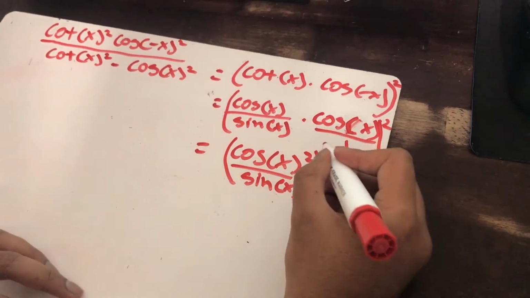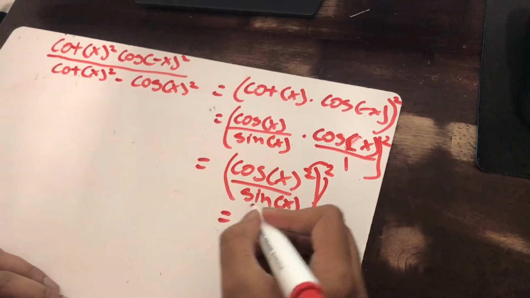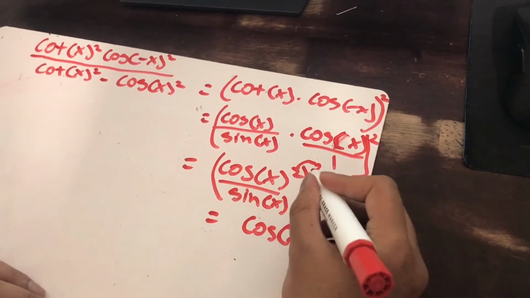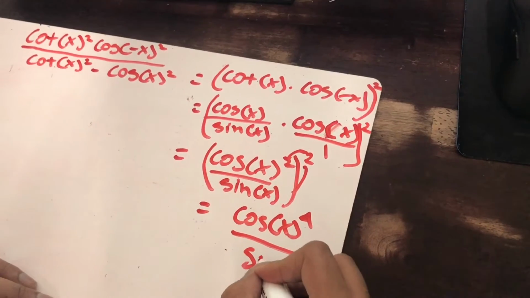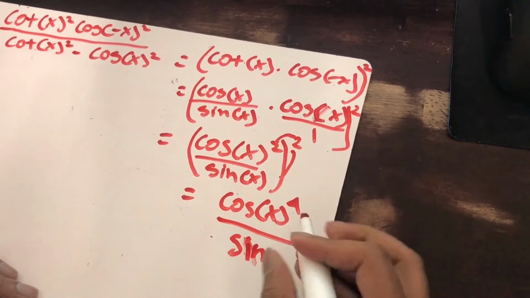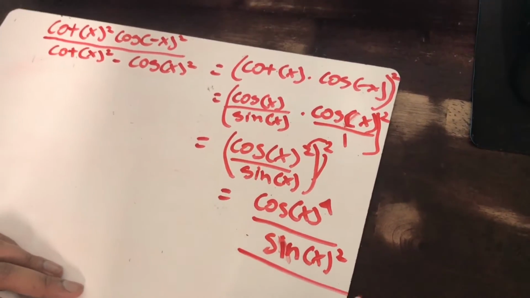So when you bring in this 2 to the numerator and the denominator, you're going to get cosine of x, 2 multiplied by 2 is 4, so cosine of 4 over sine of x to the power of 2. So that's going to be our numerator.